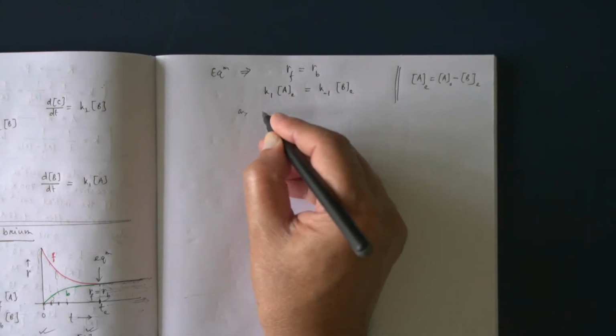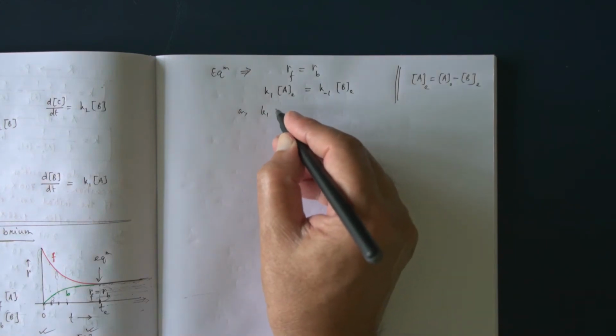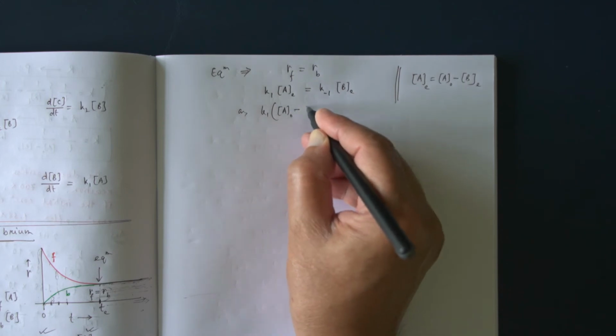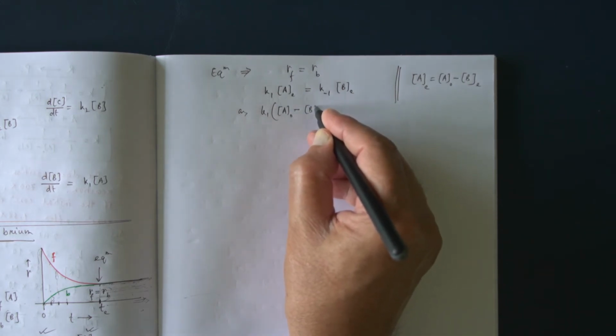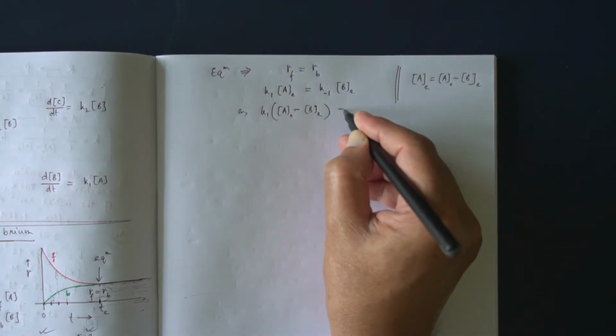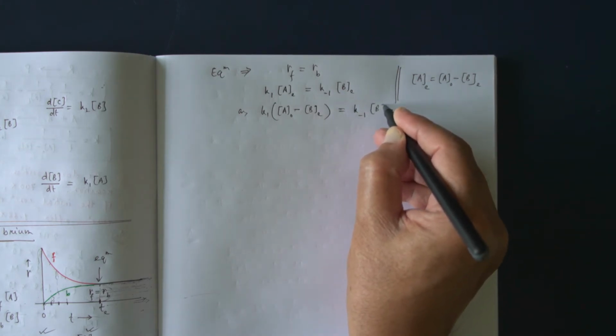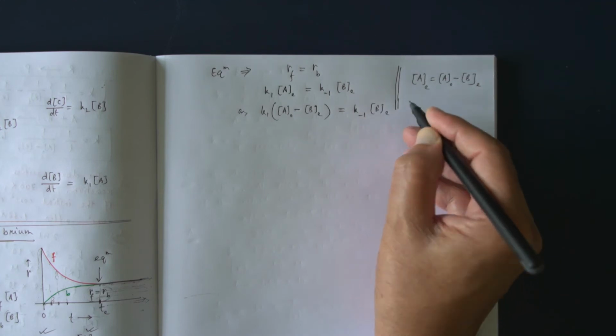Or k1 (a naught minus b) equal to (k minus 1) b.